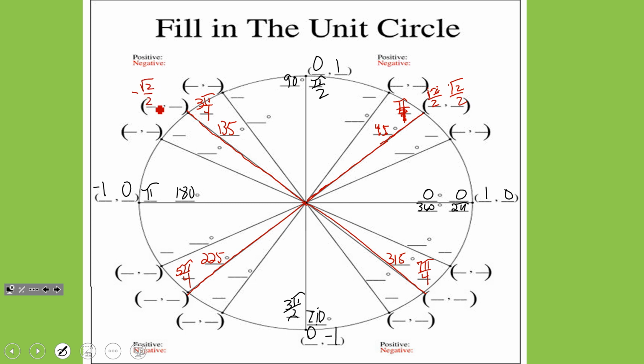Negative square root of 2 over 2 and square root of 2 over 2, then negative square root of 2 over 2 and negative square root of 2 over 2, and then square root of 2 over 2 and negative square root of 2 over 2. Okay? Any questions on what we've done so far? Do I need to give you a minute? Okay.